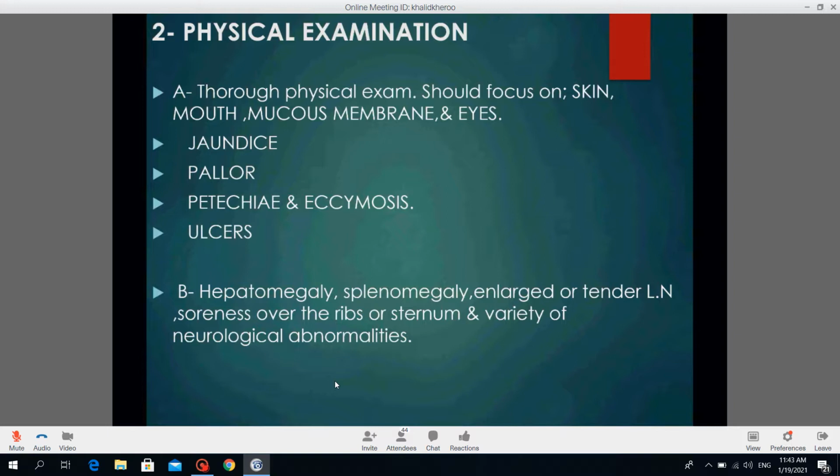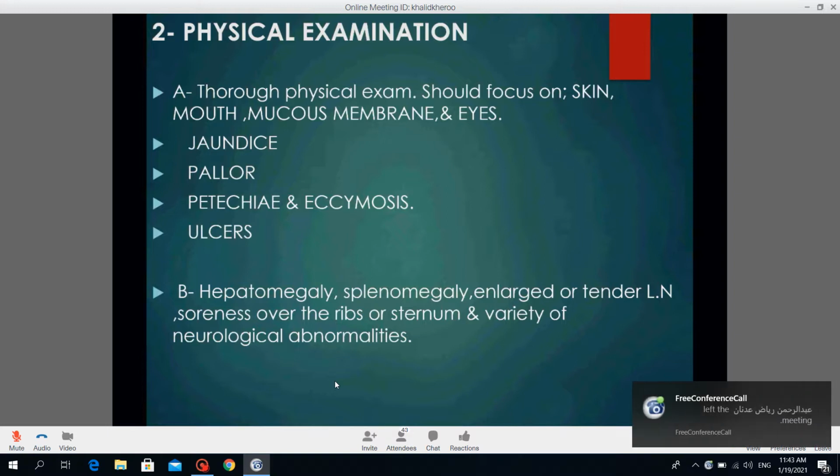They are not movable within the skin, and they are not palpable. All these indicate that there is bleeding within the skin, and this reflects the underlying cause, that is a defect in the platelets, whether there is thrombocytopenia or thrombocythemia.